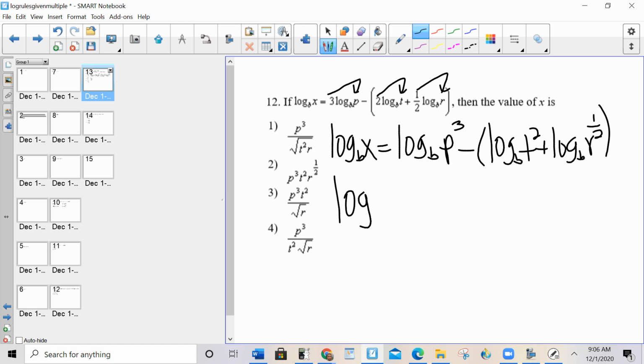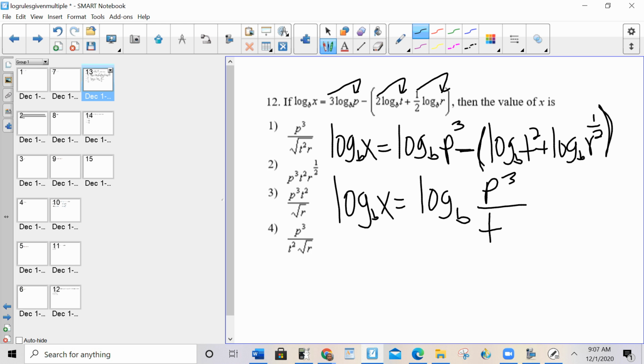Now I'm going to rewrite it as a single log. So I'm going to write log base b once. So I'm done writing log. Subtraction becomes division. So it's p cubed over. Now, since this is all in parentheses, this is all going to go in the bottom.